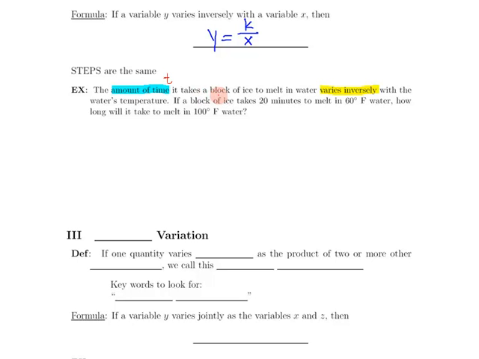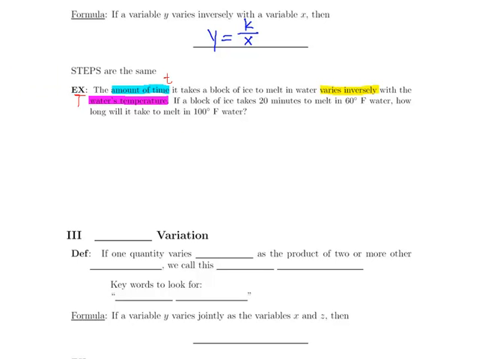I'm going to use lowercase t for time, as is a common practice in physics problems like this. And that varies inversely with the water's temperature. Right? So what variable do we want to let that be? It's temperature, it's still t. I'm going to use a capital T. It's easy to tell the difference between a lowercase t and a capital T. So capital T from now on will be temperature in this problem.